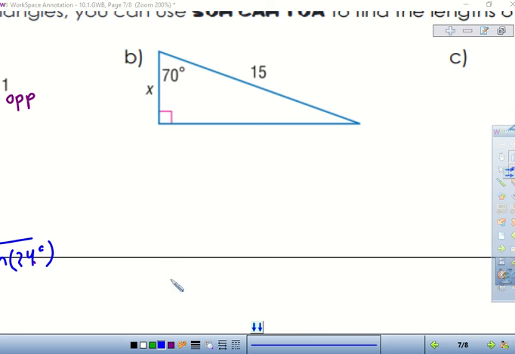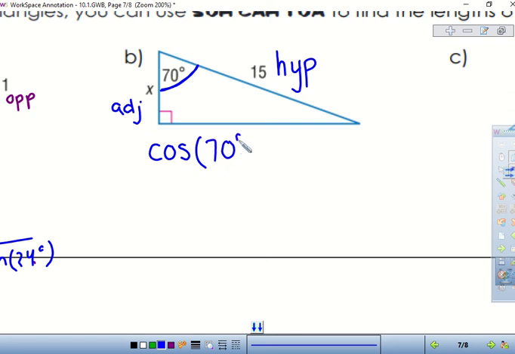So for the next one, we're going to identify what we know and what we want to know. So this is our theta, so to speak. We already know the hypotenuse, and we want to know the adjacent. What trig function uses adjacent and hypotenuse? Cosine. So cosine of 70 degrees is equal to adjacent over hypotenuse.